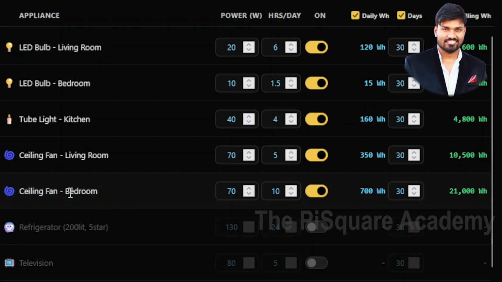It's a regular fan, not a BLDC fan. This fan capacity is 70 watts. So for 70 watts, if it is running for 10 hours, how much electricity is it consuming in 1 month? 21,000 watt hours, which means 21 kilowatt hours, just the ceiling fan.